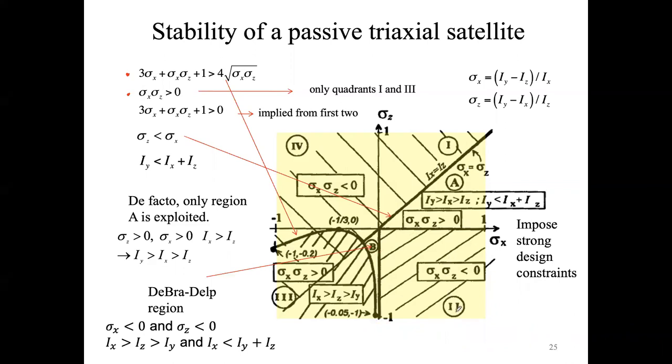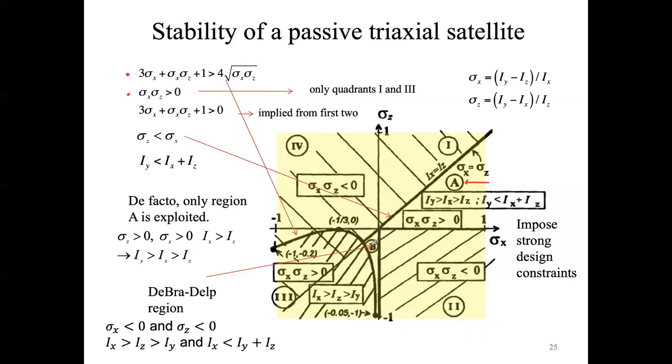So at the end, what are the regions that are remaining for stability, possible stability of the spacecraft? This part of the first quadrant, that is called region A, and the very small part between the parabolic trend and this upper triangle.